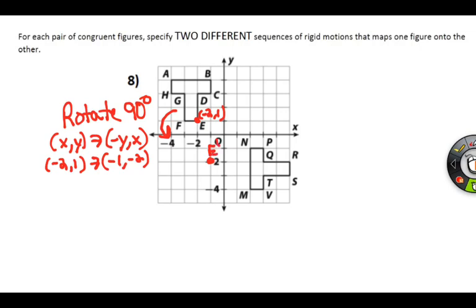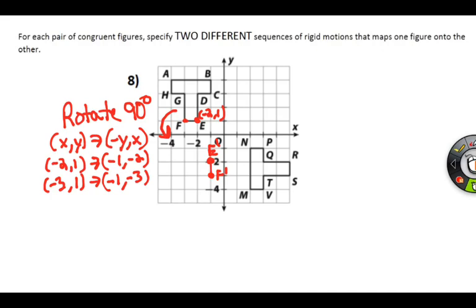And then the F, that one is (-3, 1). So let's see, that would become (-1, -3). So that one would be the F prime.